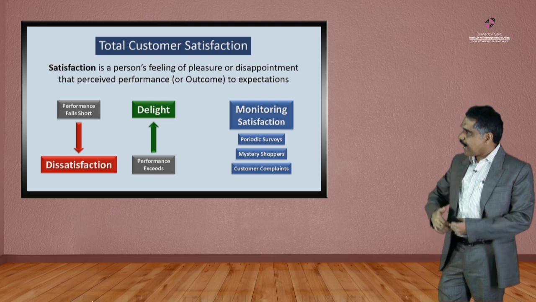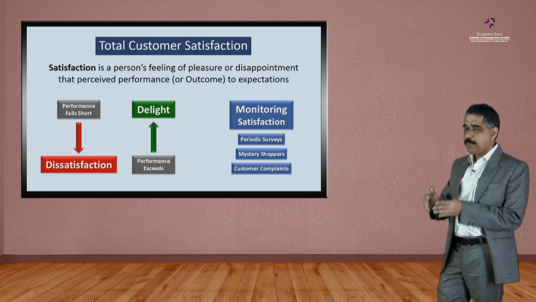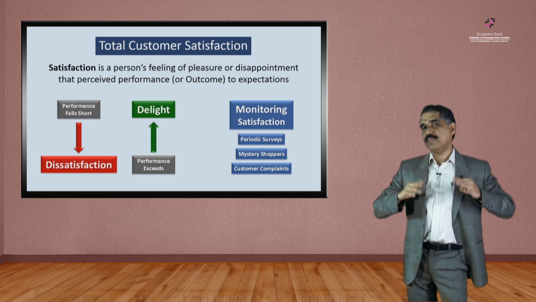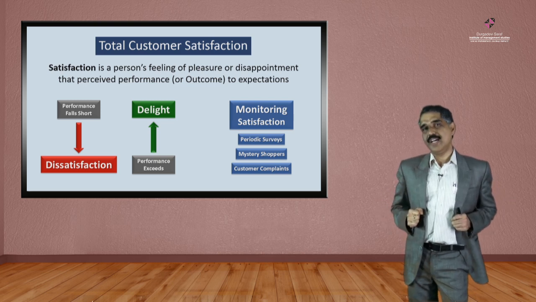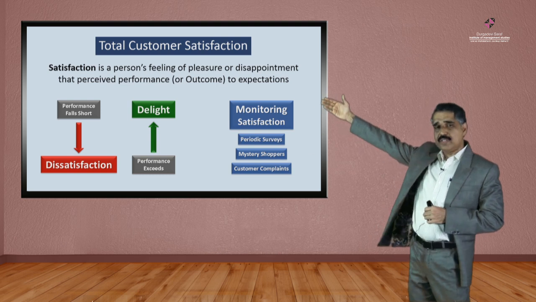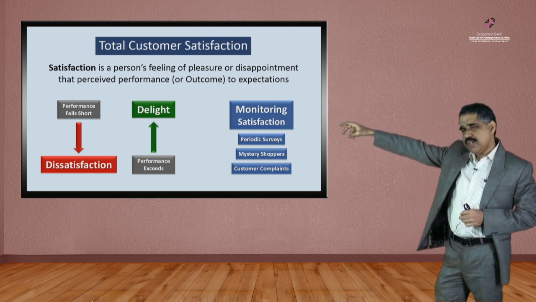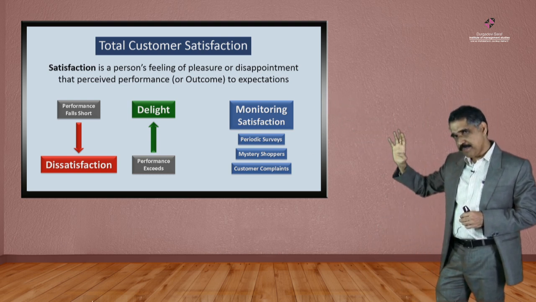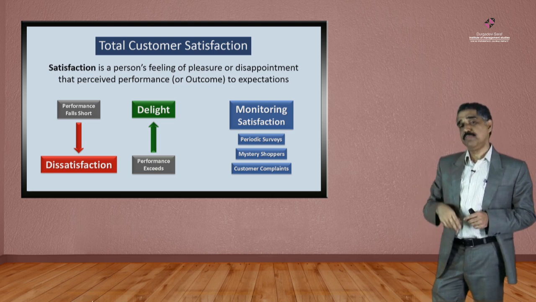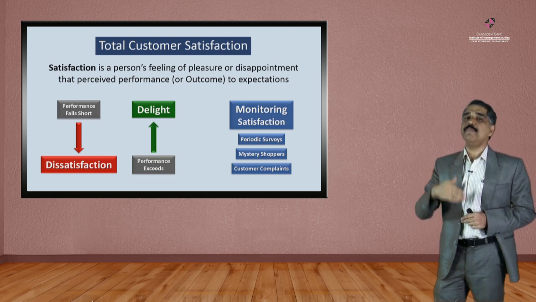That means I expect a particular product gives me some amount of pleasure. If I get that pleasure, I am satisfied. So here, look at here, performance falls short. If I buy a brand, let's say in this particular example, I buy a mobile phone, any brand.